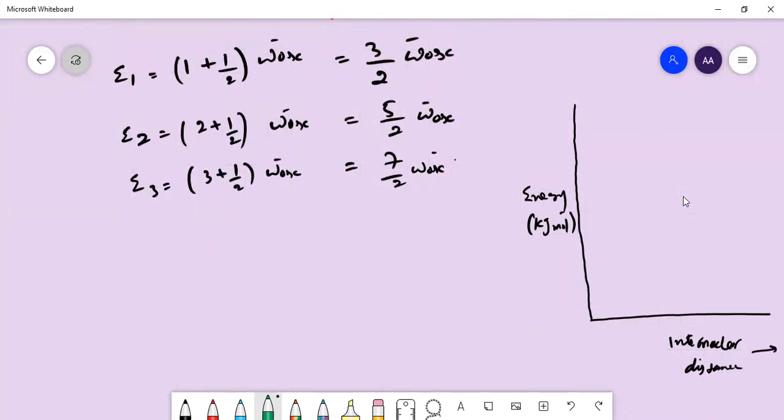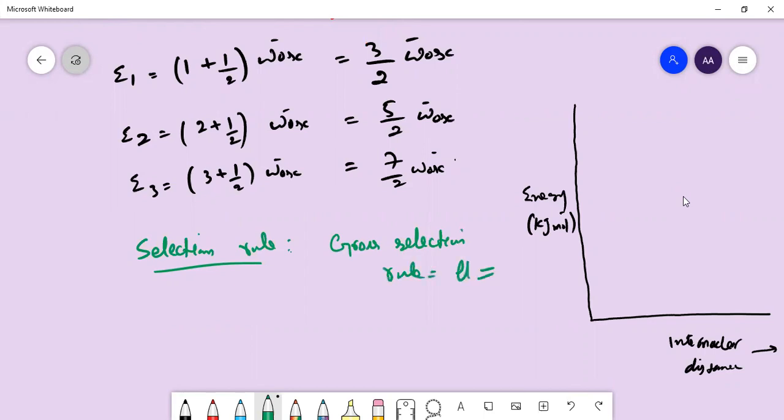So this is the difference between the classical approach and the wave mechanical approach. Further, the selection rules for vibrational spectroscopy are important. There are two selection rules. The first is the gross selection rule: dμ/dx should not be equal to 0. That is, there should be a change in the dipole moment for a molecule to be vibrationally active.